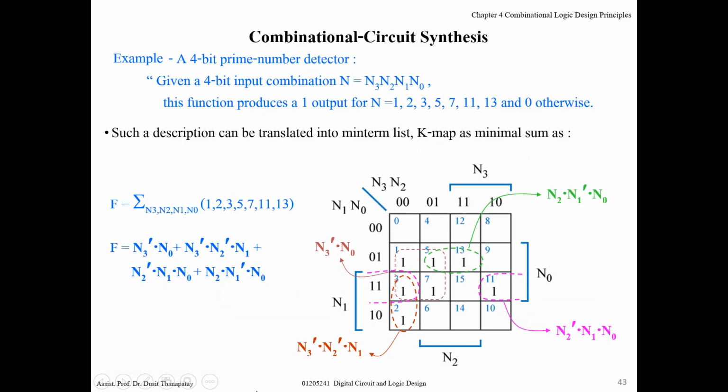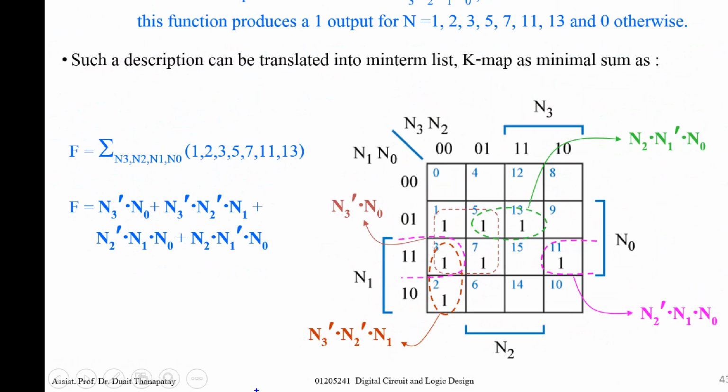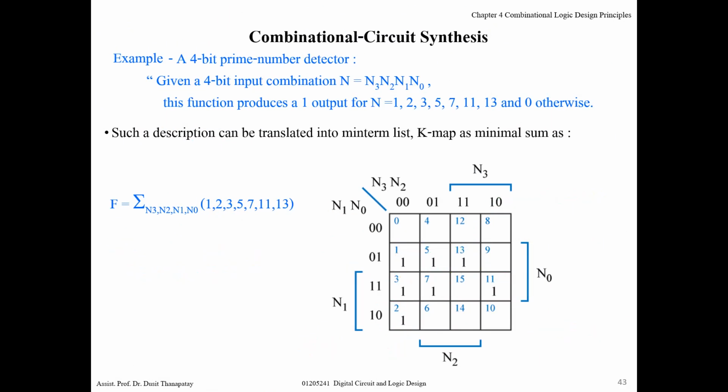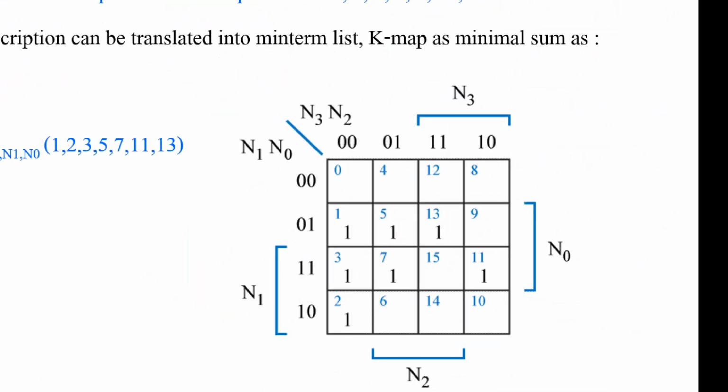For example, this schema. Okay, look carefully. If I select only this one, it is N3 prime and N2 prime and N1 prime and N0, right? For this one, this term becomes 1 and this function becomes 1 also, right?